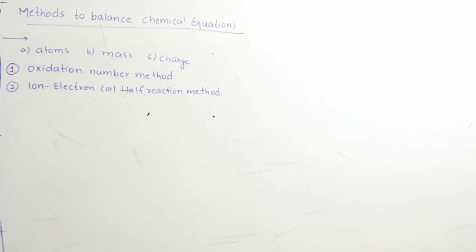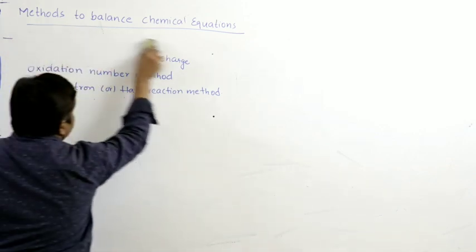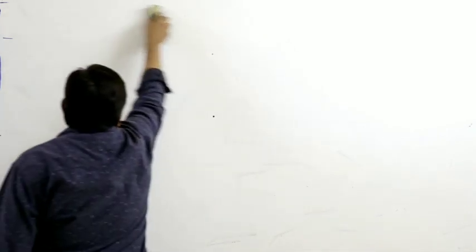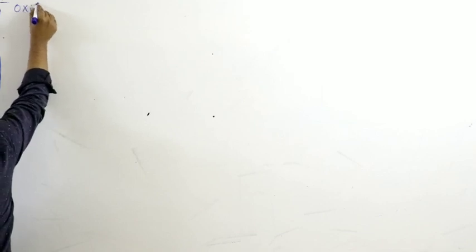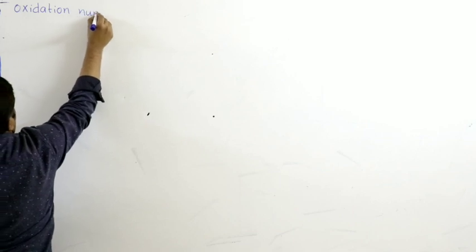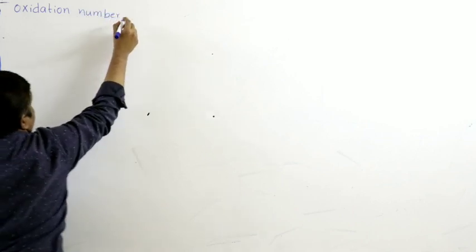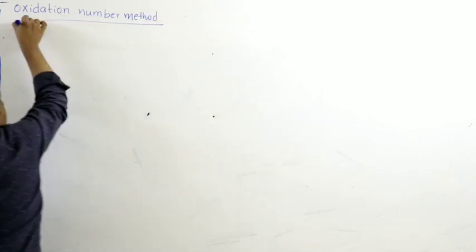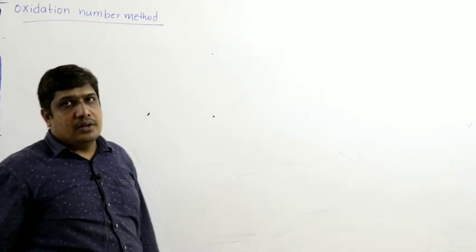So let us see one by one. The first one, oxidation number method. So what we have to do in the oxidation number method? Let us see the rules.